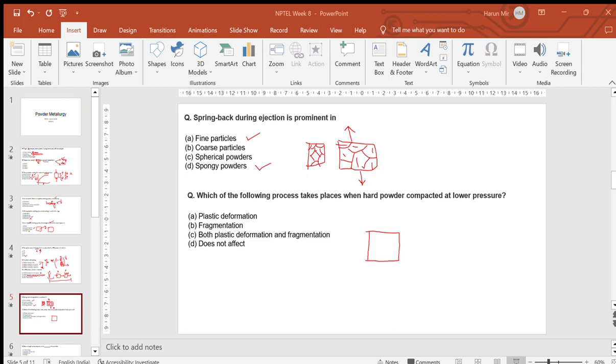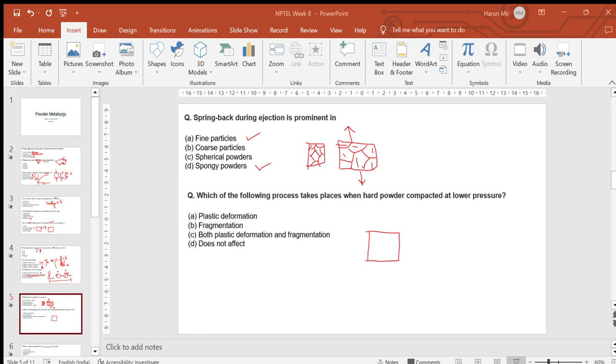Then C says the short-life mold is the unique aspect, and the low cost of the mold is the limitation. Option D says the organic binder is not required, and leakage of the mold. And then we have precise dimension control and hard to prepare composite structures. So you have to identify the right combination of unique features and limitations. You can answer this question.